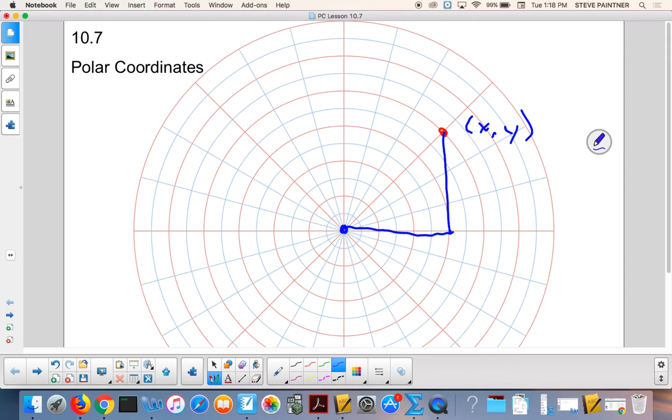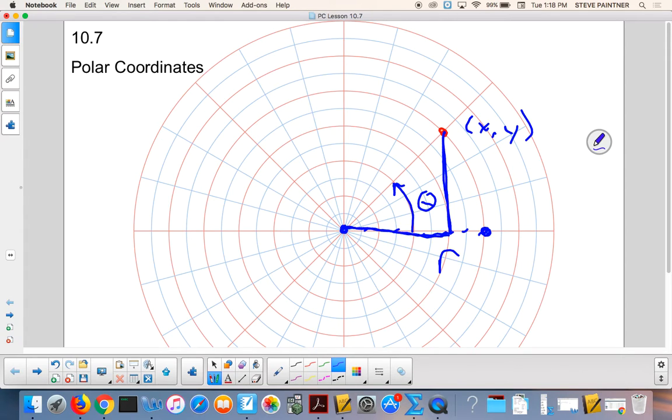There are other coordinate systems. There's tons of them once you get up into higher dimensions. But the one that's most popular, other than XY, in 2 dimensions, is called polar coordinates. So instead of telling someone go this far right and go up this far to get to a point, you could also tell them to go out this far. So you could say, go out this far for your radius, and then rotate this many degrees.